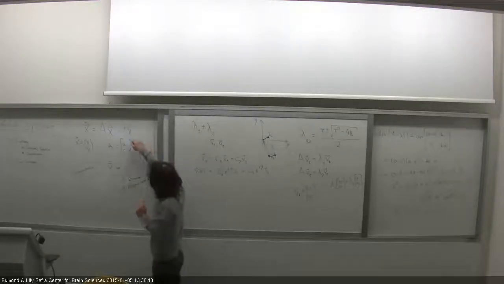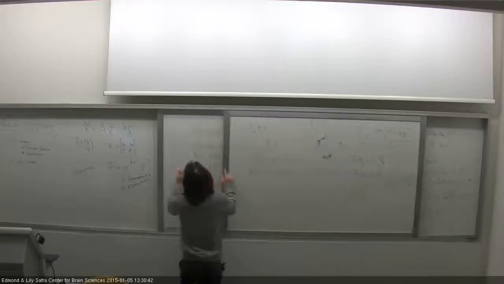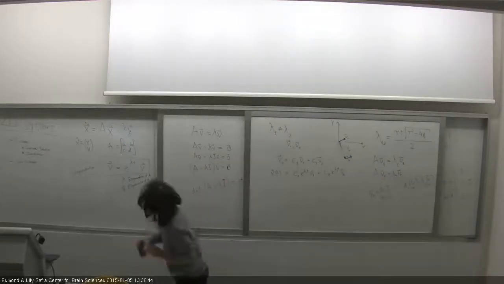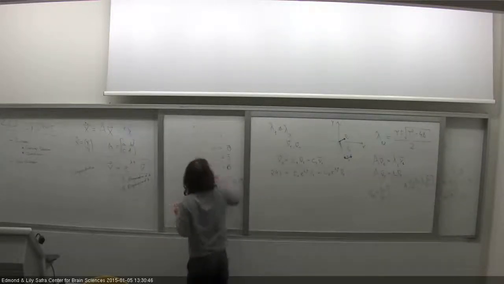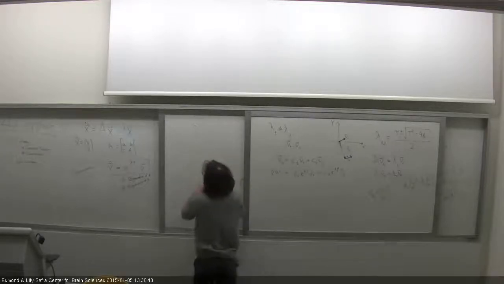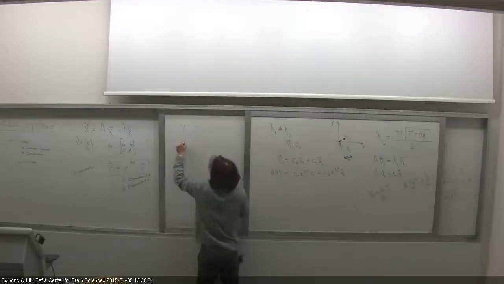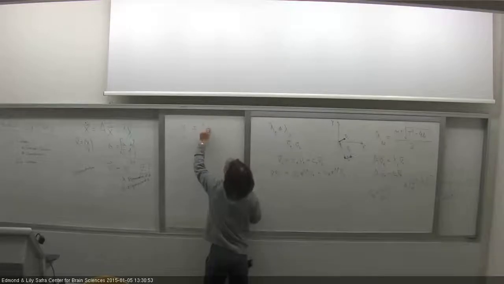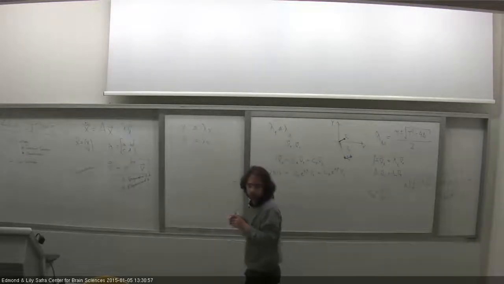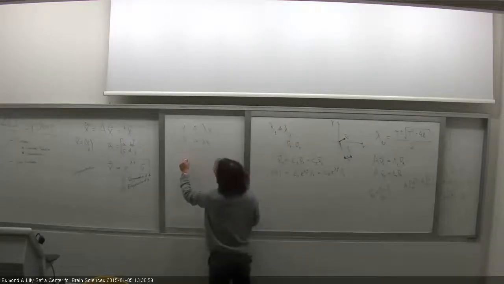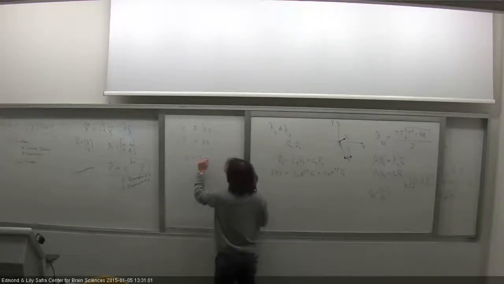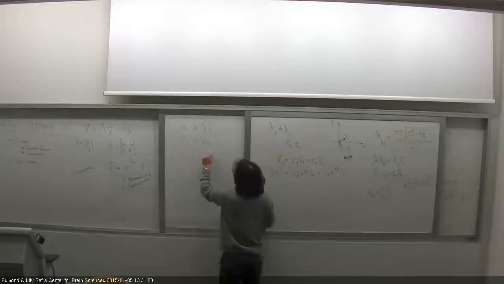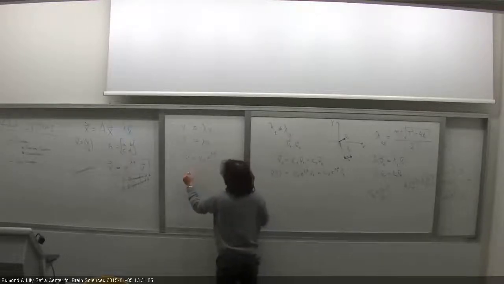And this is like saying x dot, y dot equals lambda x, lambda y. And then the solution to this is x equals x0 e to the lambda t, and y equals y0 e to the lambda t.